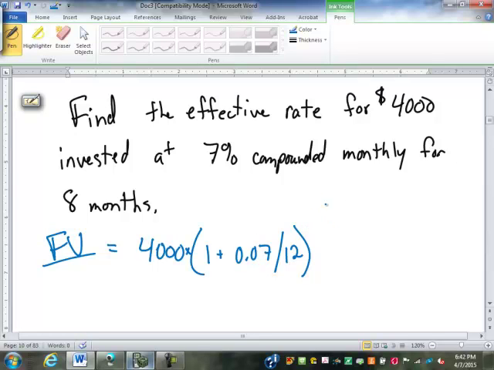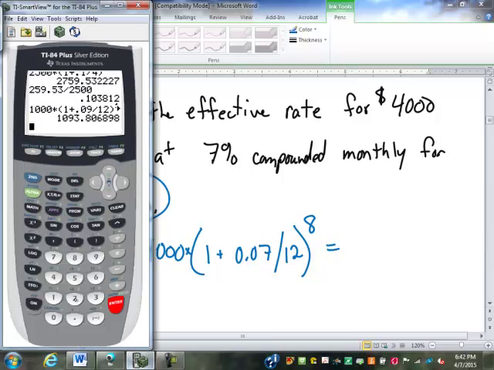But instead of to the power of 12, it's going to be to the power of 8. Because there's only 8 months, which means there's only 8 periods if 1 month is a period. So 4,000 times 1 plus 0.07 divided by 12, the power of 8, giving us 4190.52.